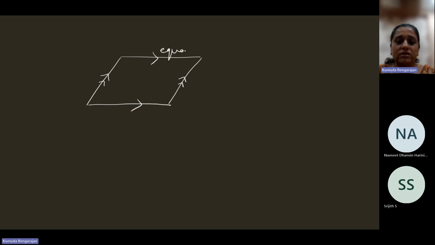Opposite sides are equal. Like in a rectangle, you know, opposite sides are equal. Only opposite sides, not all the sides.